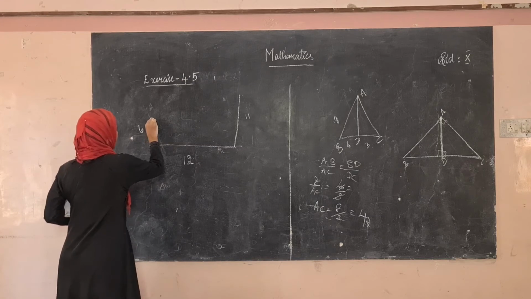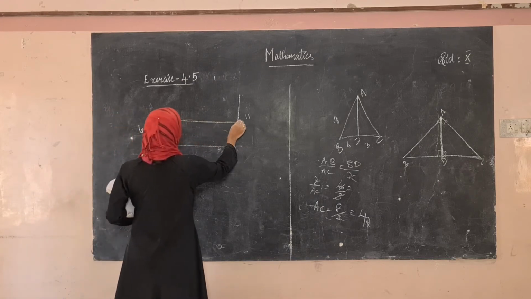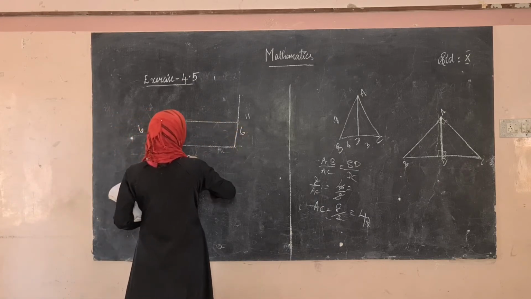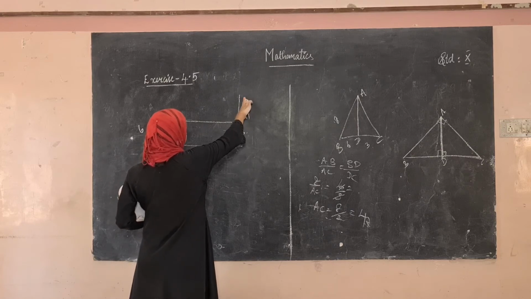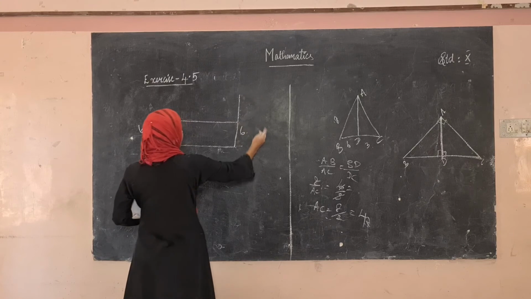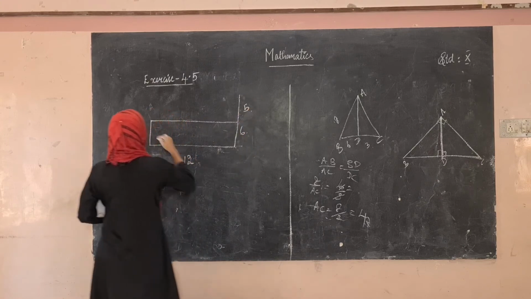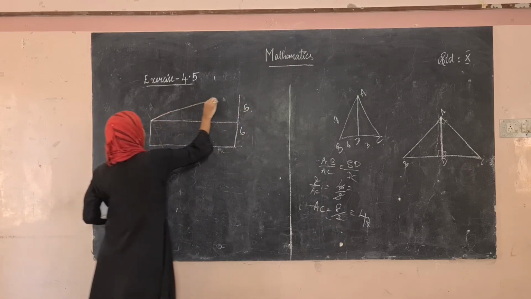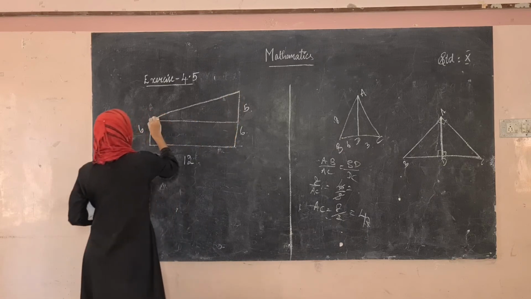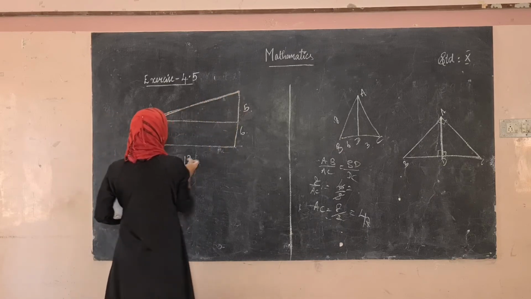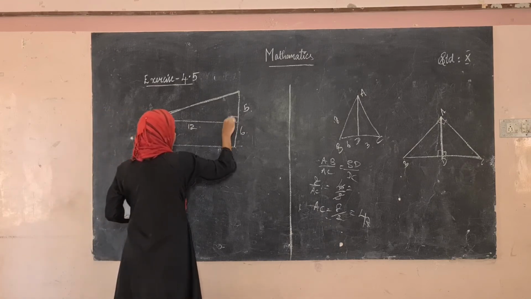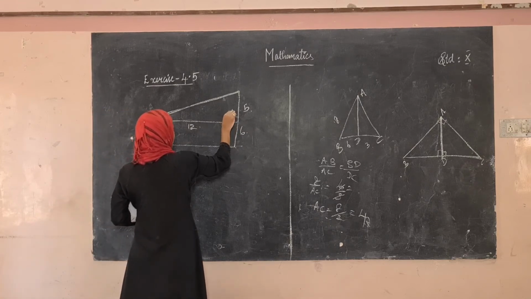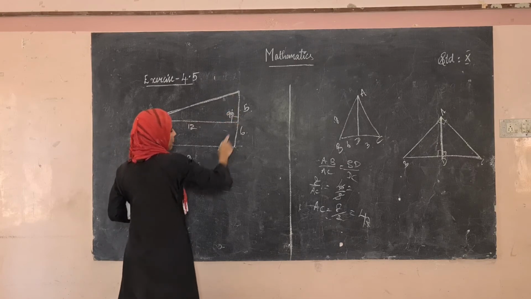Okay, see here. This is 6. So of the 11, this part is 6, and what will this be? 11 minus 6 is 5. We have to find the length of this. If this is 12, this is also 12. So there is a right angle here, because it is a straight line, a perpendicular line.